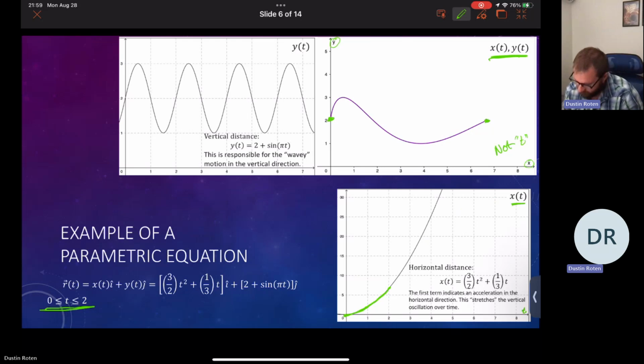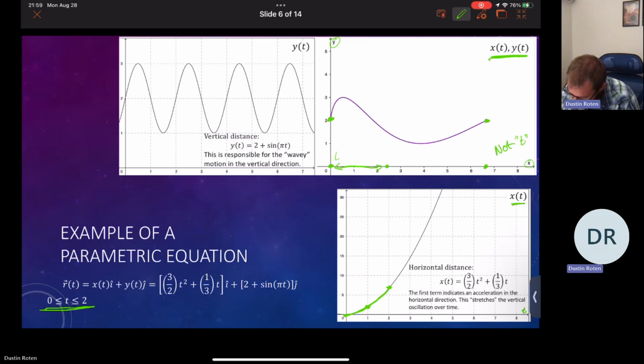So at 0 seconds, our x coordinate is here. At 1 second, we're almost halfway to 5. So here's about 1 second, and then by the time we hit 2 seconds, we're already over here at 7.